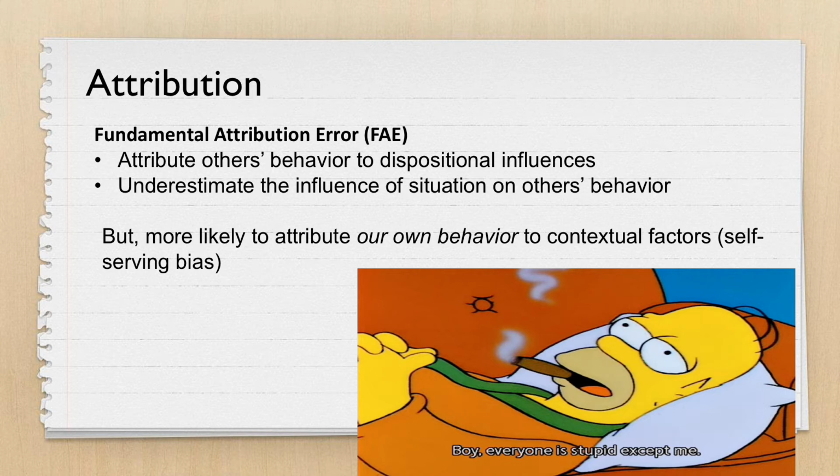For example, we know when we are just having a bad day because of whatever is going on in our life. But we are less aware of how other people's situation might be influencing them. Therefore, we are quicker to assume that their behavior is caused by something about them rather than their environment, because we don't really have much knowledge about their environment, their situations.